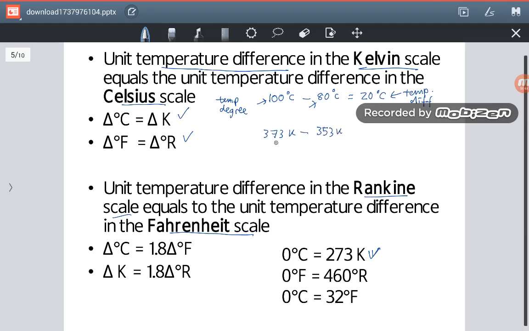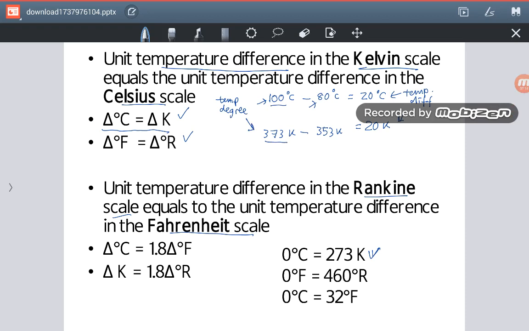So from 373 minus 353 Kelvin, the temperature difference will also be 20 Kelvin. So this is what it means that the temperature difference in Celsius is also equal to the temperature difference in Kelvin, while the temperature degree in Celsius is not equal to the temperature degree in Kelvin.